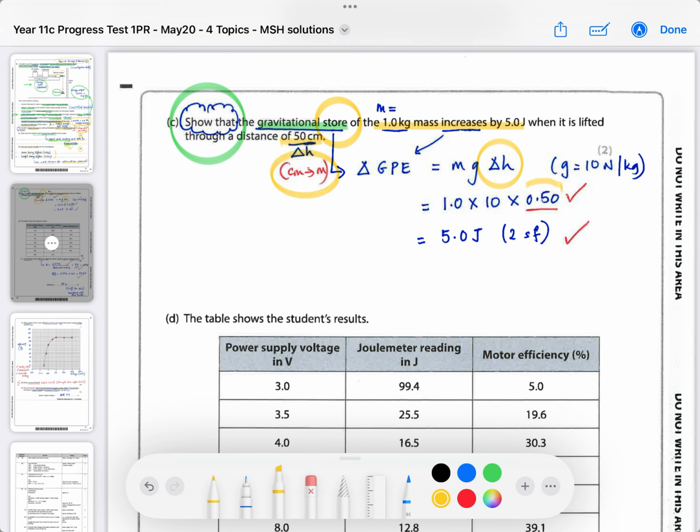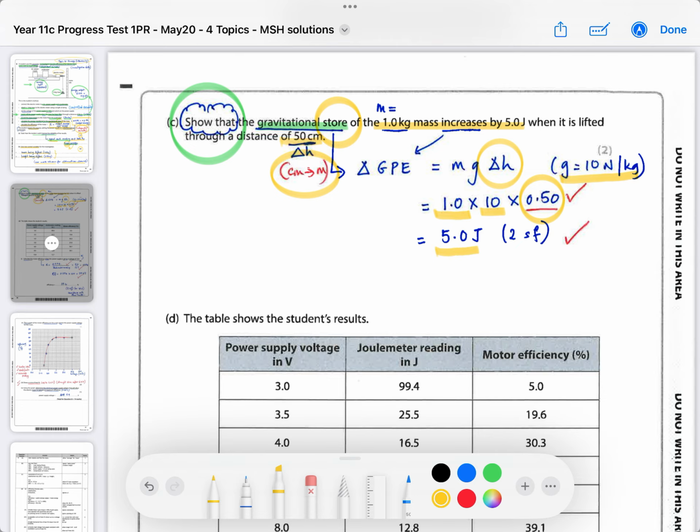And there it is. You get 1 mark for realizing you've got to do that. Then putting in 1.0. Gravity on Earth is always 10 newtons per kilogram. It'll be on the inside cover of the exam as the value that they want you to use for GCSE.